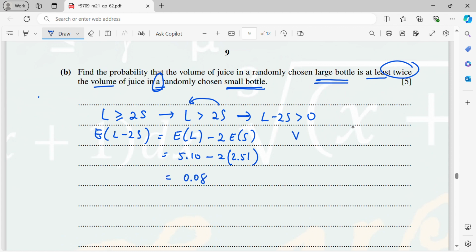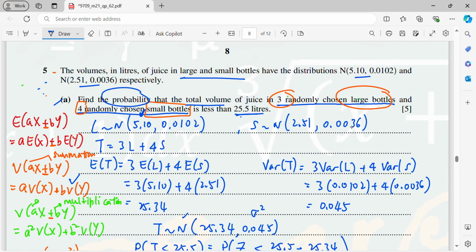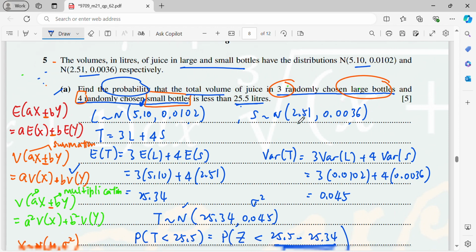Now for the variance of L minus 2S, alright, so probably I just do it here. Variance of L minus 2S. So be careful with the 2 here. This is twice. Twice means multiplication. So therefore, this is variance L plus 2 squared variance S. Okay, so then from here, variance L is 0.0102 and variance S is 0.0036.